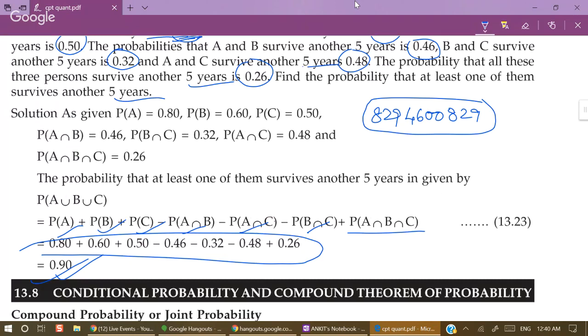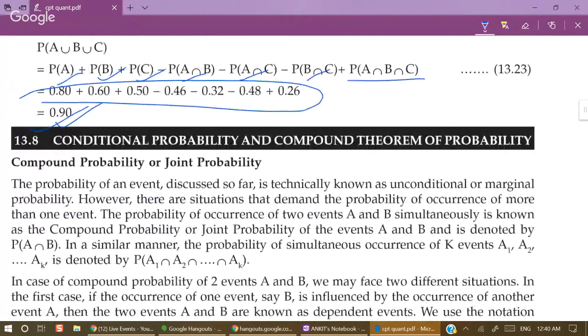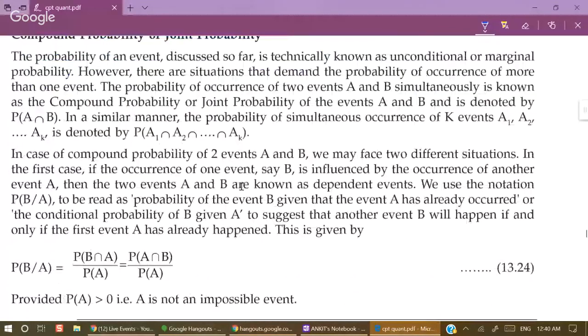Now we move to the next section, conditional probability and compound theorem of probability. The probability of an event discussed so far is technically known as compound probability.